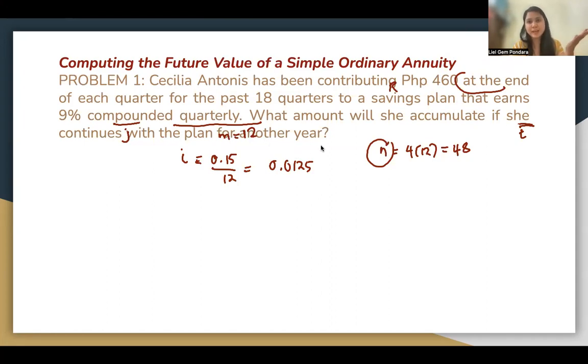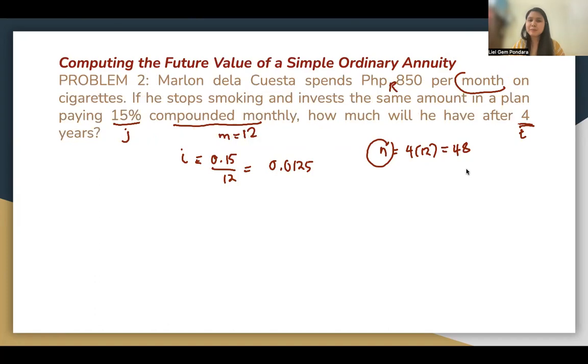So we ask for N. How many payments are there? 18 plus 4, 22, right? But for this problem, you need to ask again, how many payments will there be in all? So you need to multiply. There are 4 years and 12 payments in a year. So there will be 48 payments. Am I already clear?